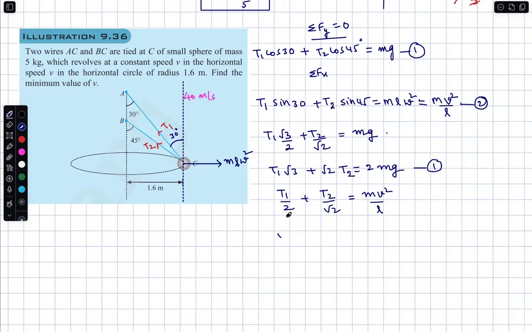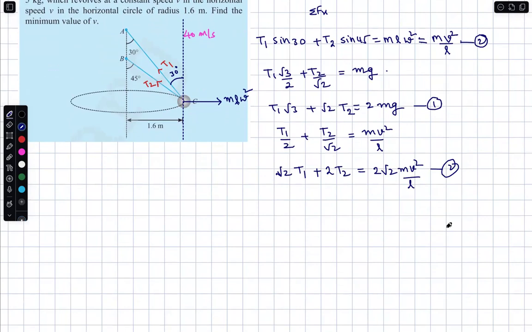You will get root 2 T1 plus 2 T2 is 2 root 2 mv square by L. Now try to solve this.